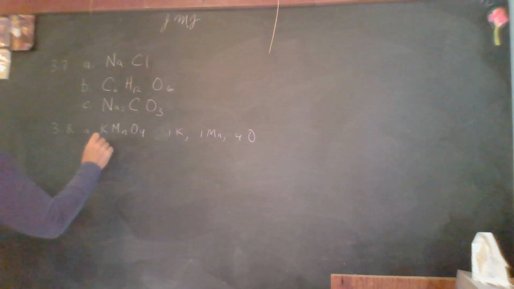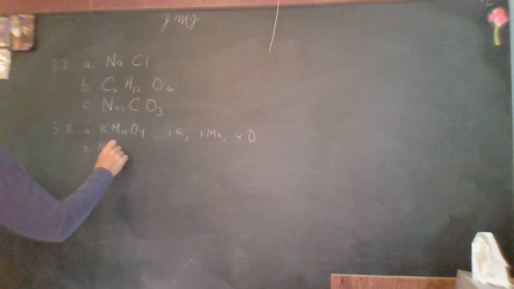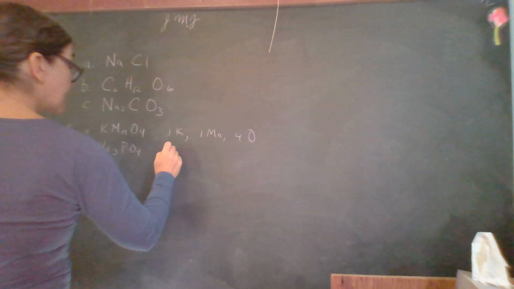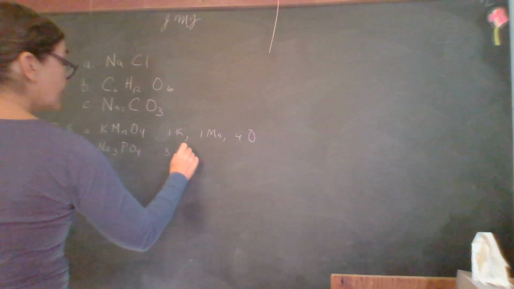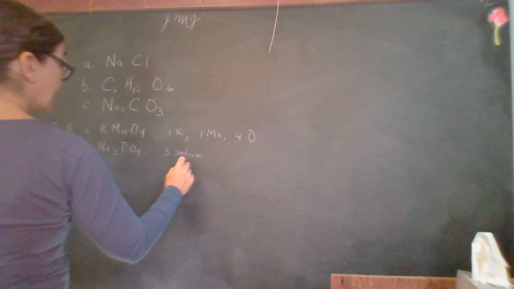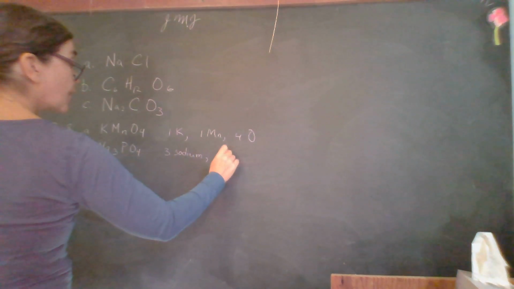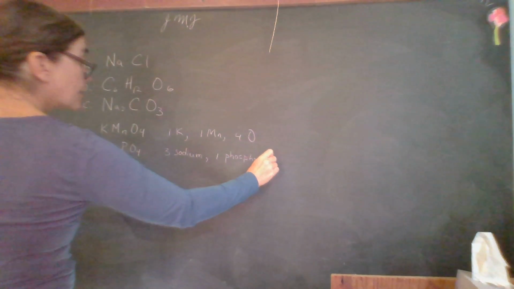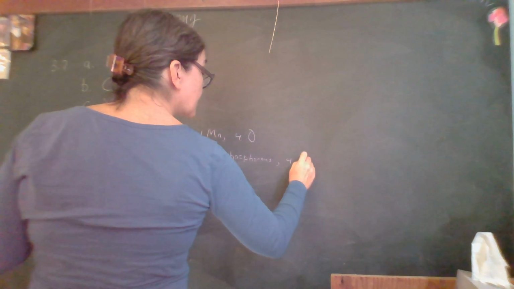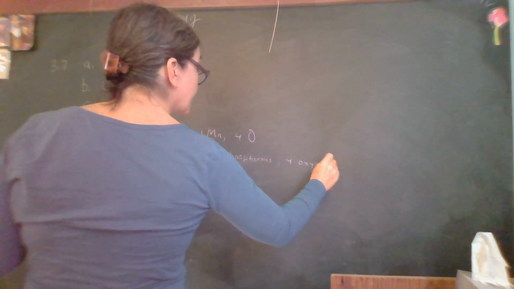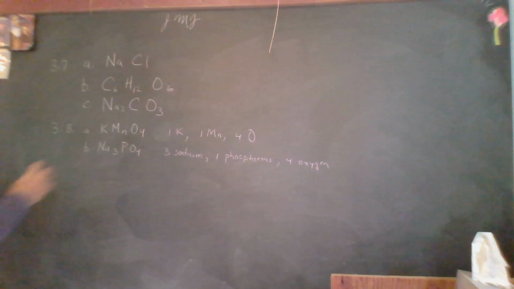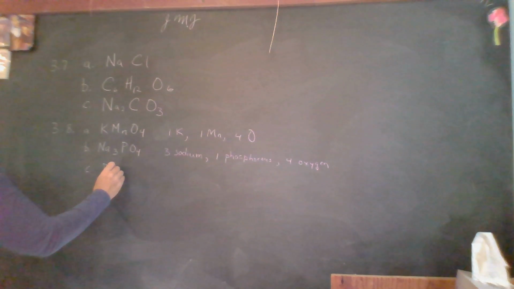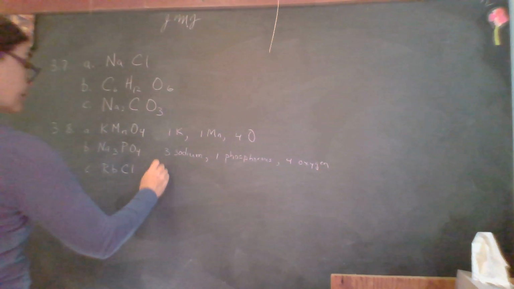B, Na3PO4. That's 3 sodium, or Na, 1 phosphorus, P, and 4 oxygen, or O. And letter C, RbCl.